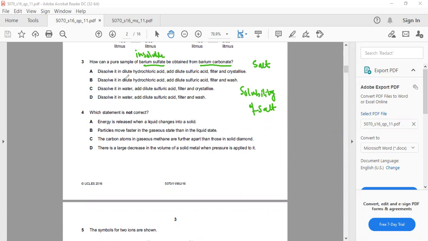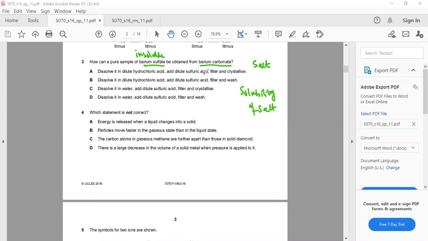So carbonate should react with acid first to form free barium ions, and then we can add sulfate from any compound containing sulfate. Dissolve it in hydrochloric acid and dilute sulfuric acid.